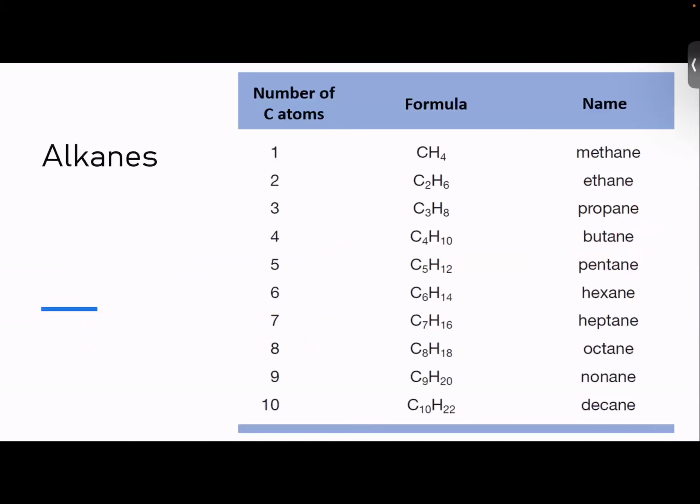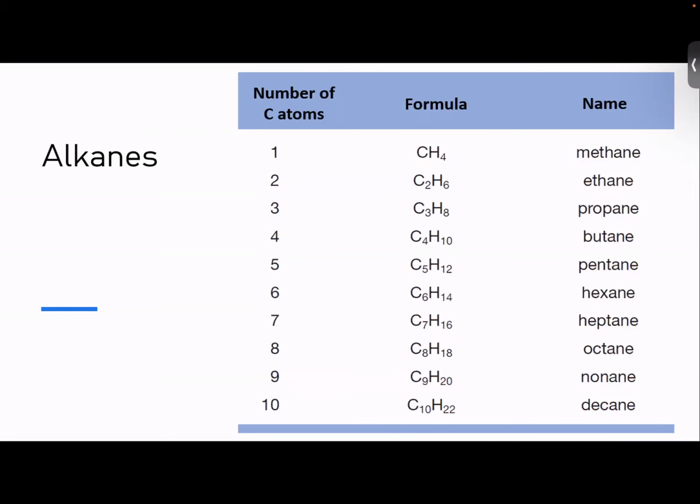I keep mentioning this word alkane. There are 6 alkanes that you have to know. I meant 10. There are 10 alkanes that you have to know. First of all, what is an alkane?